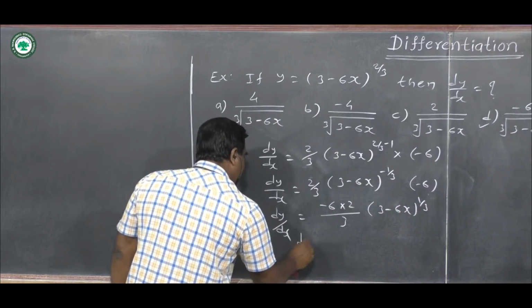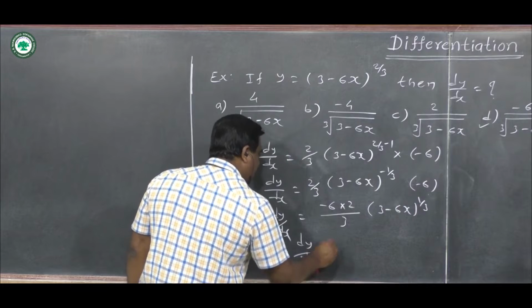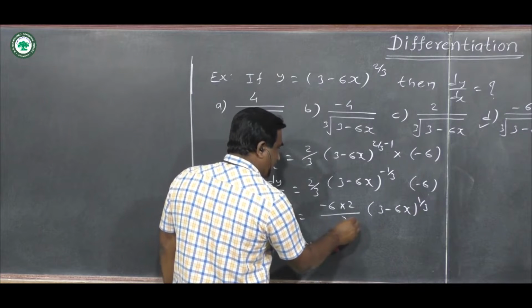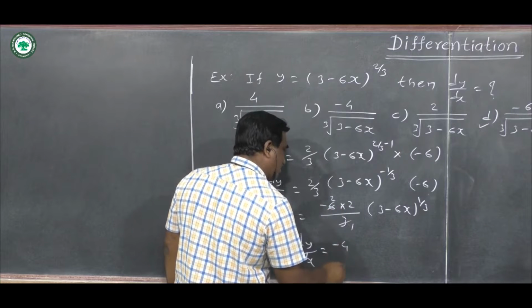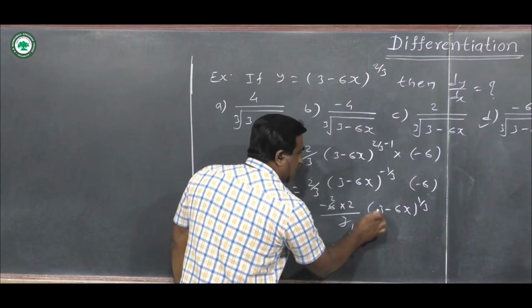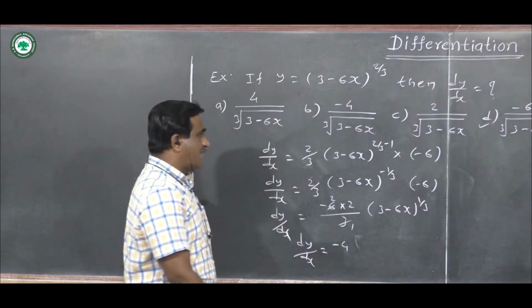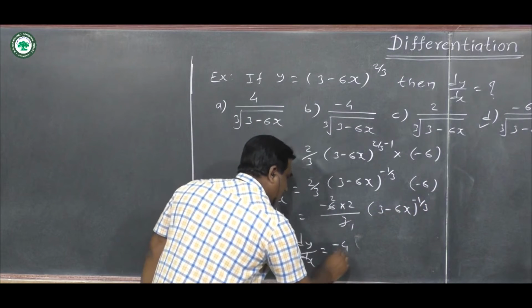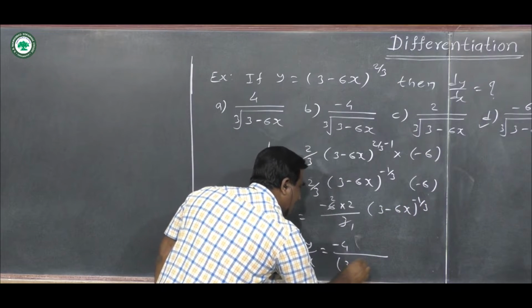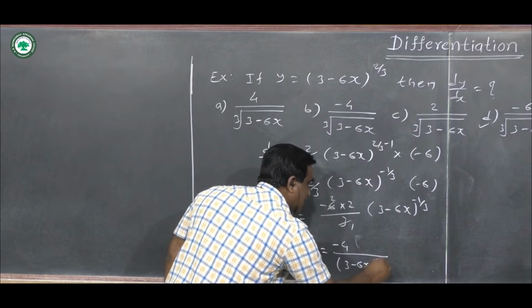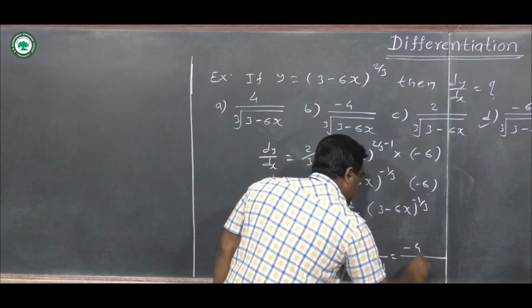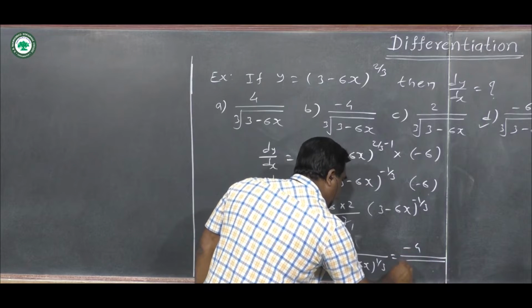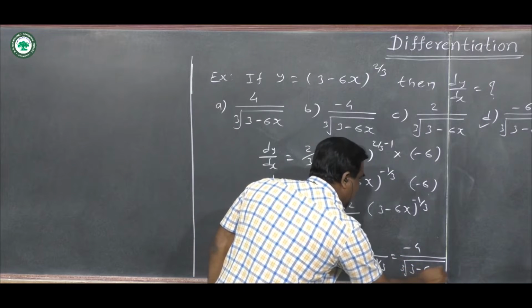That is, 3 1s are 3, 3 2s are 6, we get here minus 4 into (3 minus 6x) raised to minus 1 by 3, means we can write here 1 upon (3 minus 6x) raised to 1 by 3. That is equal to minus 4 upon cube root of 3 minus 6x.